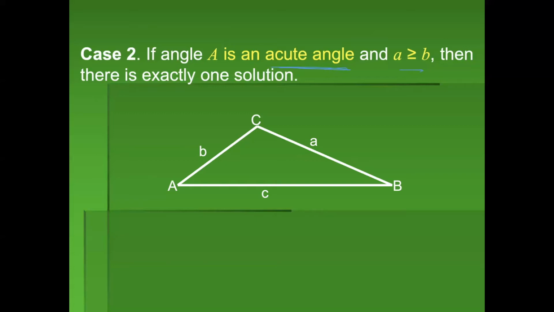So in case 2, no need to solve for b sine A. We only solve for b sine A if we are in case 1. So the first thing that we will do is to identify whether it is case 1 or case 2. Therefore, in case 2, we only have one solution. And since we have one solution, we need to solve for the dimensions of the triangle.